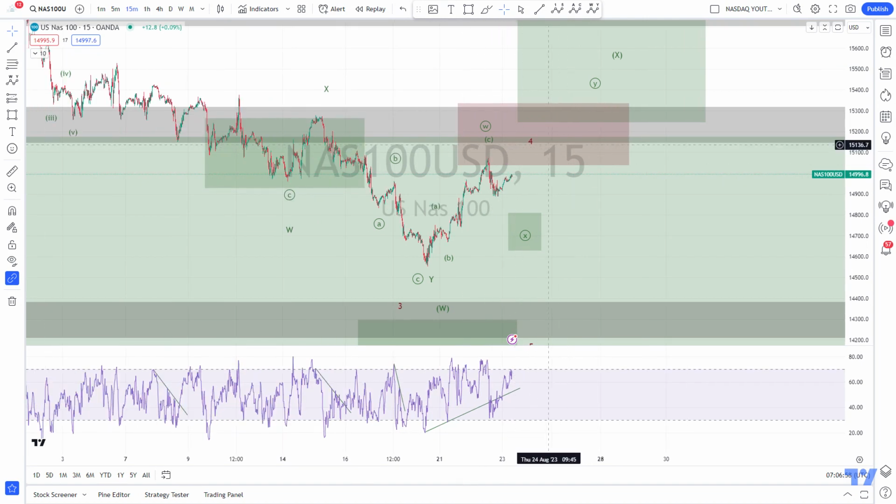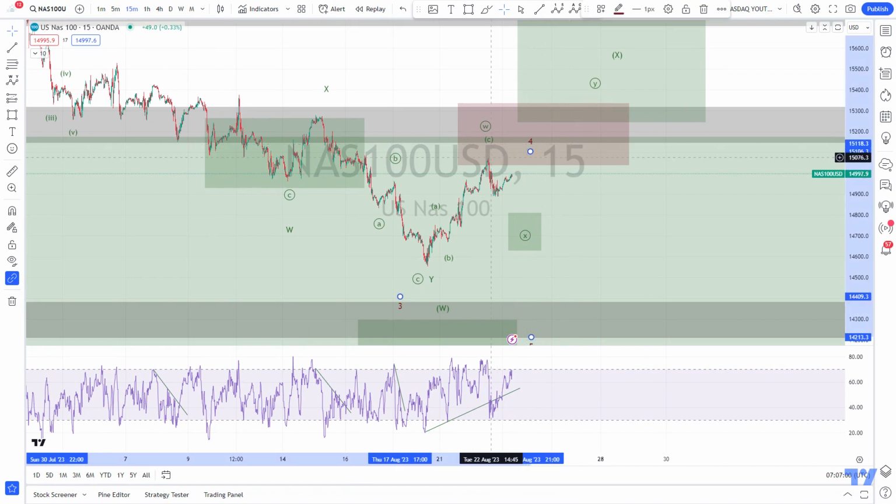So there is a chance here in my secondary scenario that we had a wave 4 here, and that we take out this low here with the final leg to the downside, wave 5.